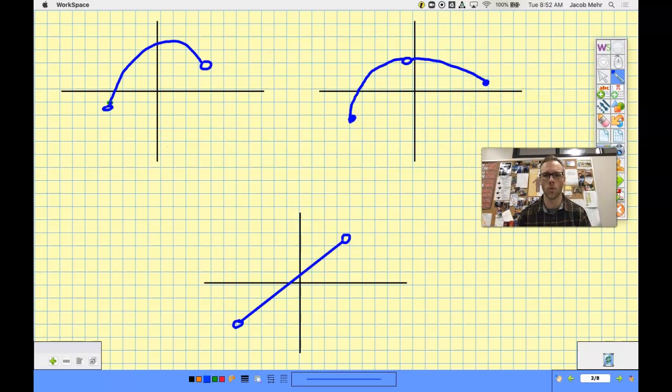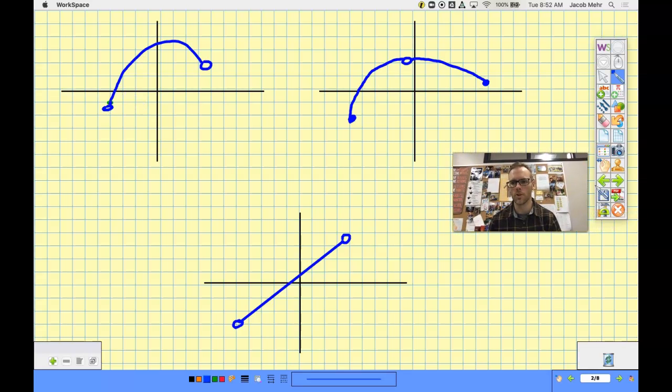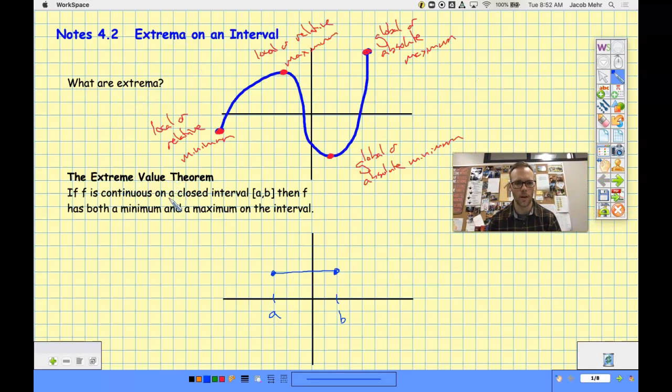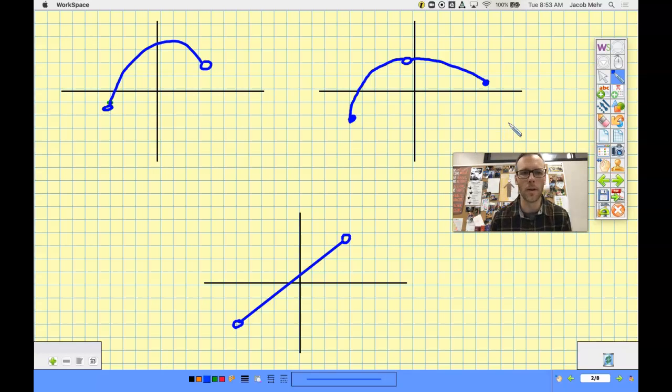Hey, let's take a look at some more functions that I've drawn. Let's identify the extrema. Not my best sketches in the world, but we'll go with this. Notice there's open dots here. So this does not meet the criteria of the extreme value theorem, which tells us we have to be on a closed interval. So there's no guarantee that there's both a minimum and a maximum. Now, when I take a look at this, I notice right here is an absolute maximum.